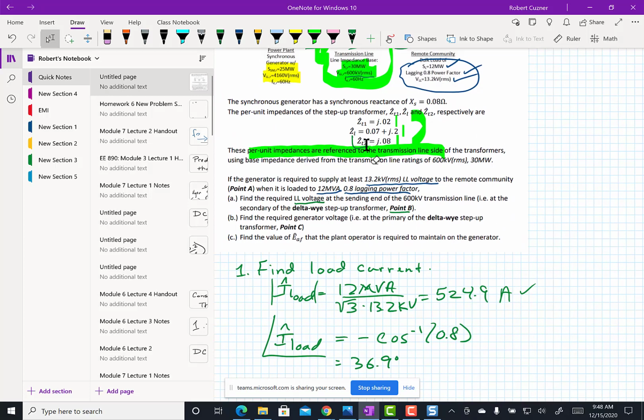So in the final you will tell us the reference point? Yeah, if I give it to you in per unit, I will always say so, and if there's a transformer involved, I will tell you where it's referenced. You don't have to do any turns ratio transformations because of that.